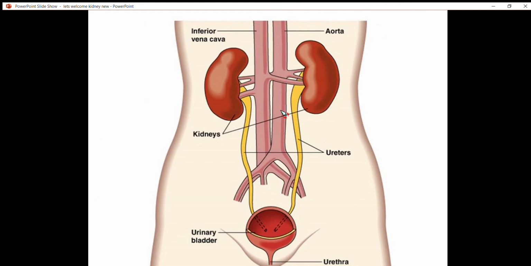This urinary bladder is also included in your first chapter. So along with GFR we will also study the different functions of the urinary bladder. These are the multiple things we have to study, and this is how we plan to study the kidneys.